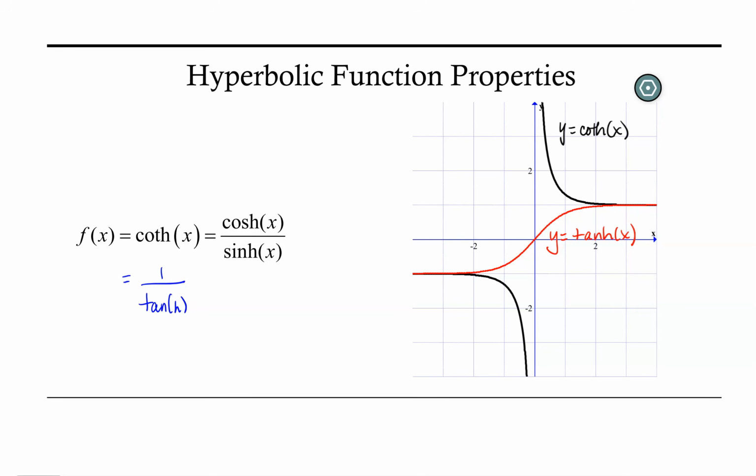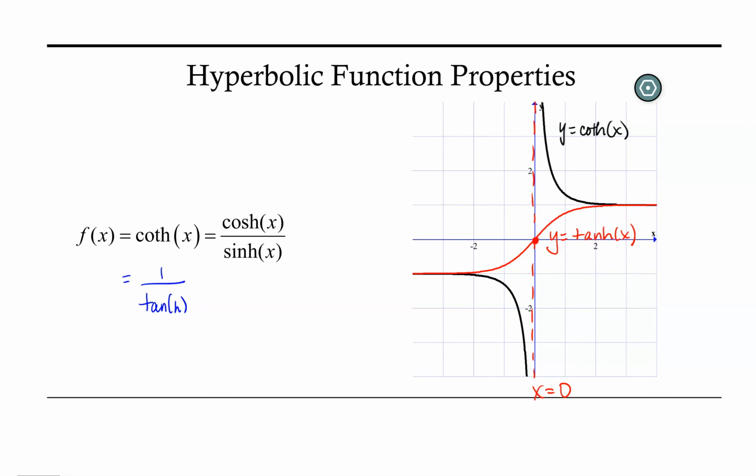Now notice that because the hyperbolic tangent at 0 is 0 and coth is the reciprocal of tanh, we will have this vertical asymptote at x equals 0.